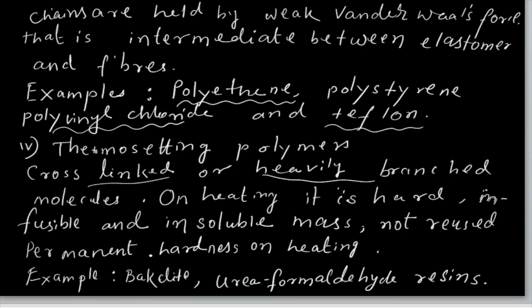Because if it becomes hard on heating, how can you make a different product? That is why it is not reused: it becomes hard on heating, infusible and insoluble. That is permanent hardness, not temporary hardness.